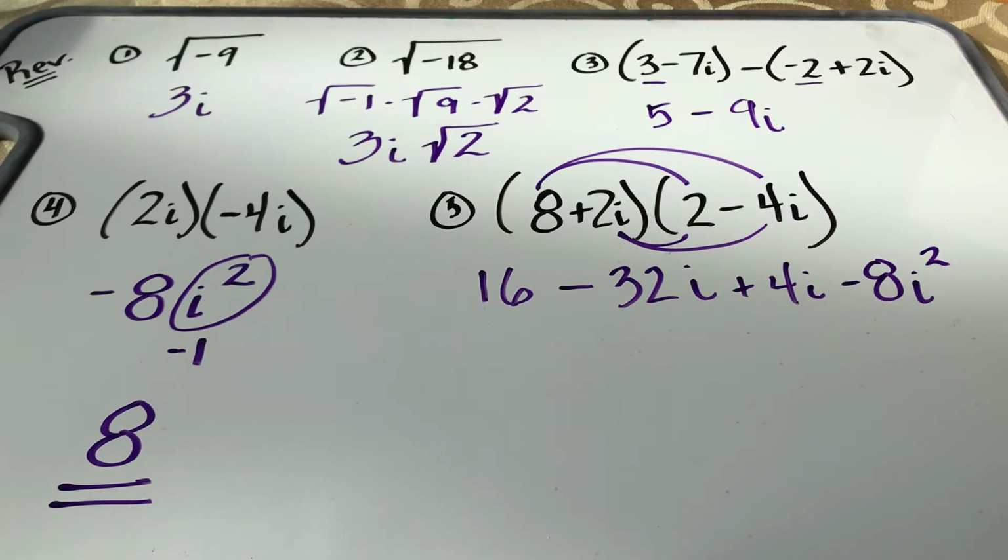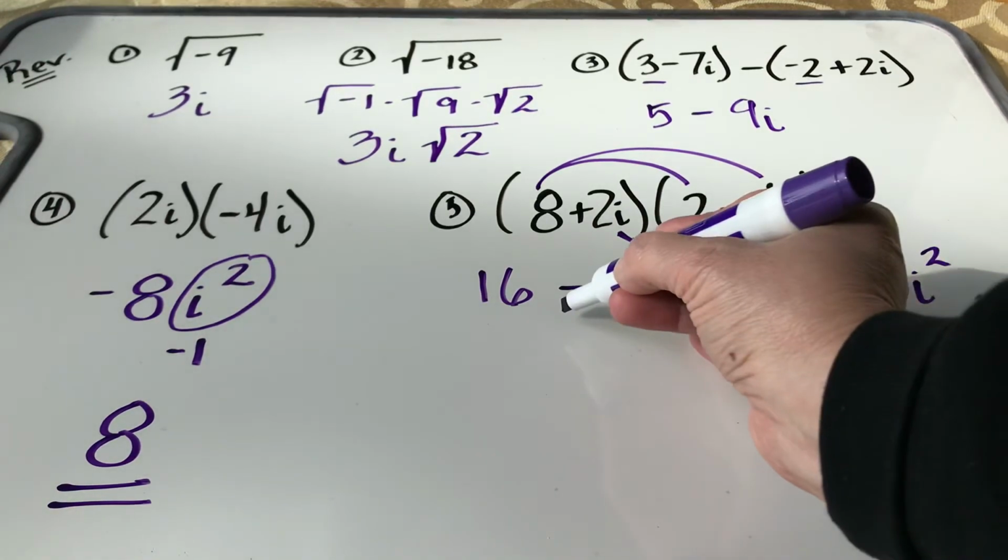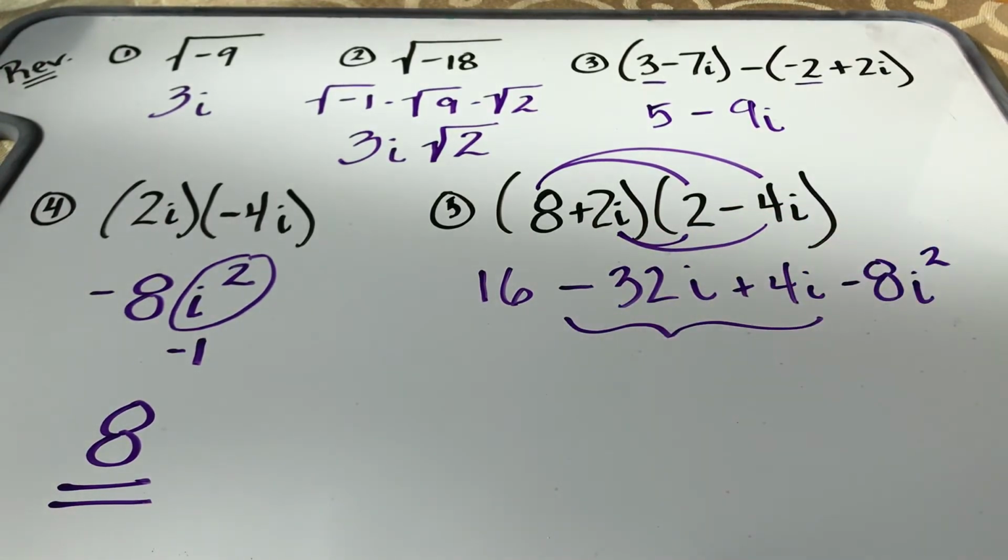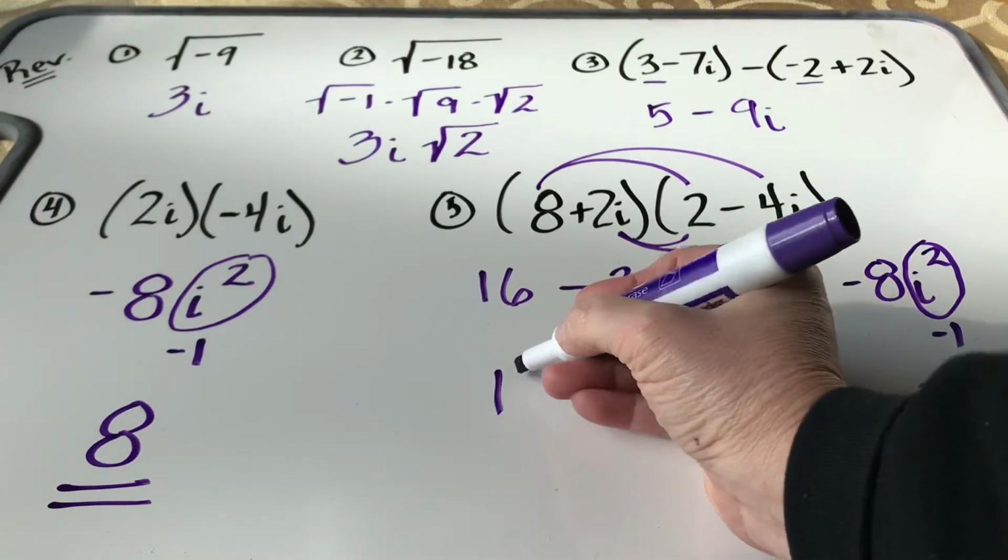First of all, in the center here, I see these are like terms. I can combine those. And here we see our i squared. Our i squared we know is negative 1. So let's go back to the beginning and work our way across. We have 16.